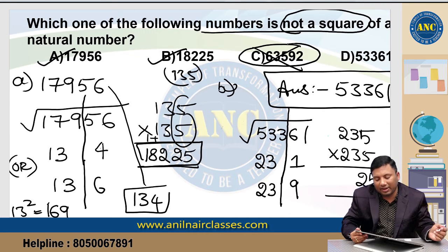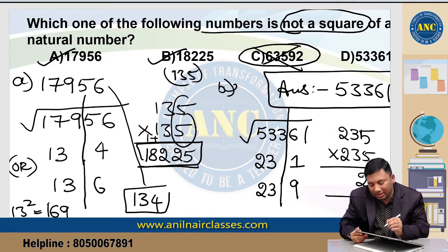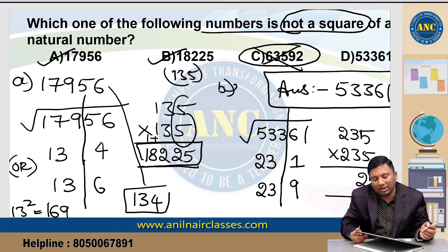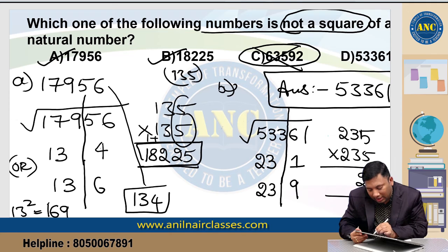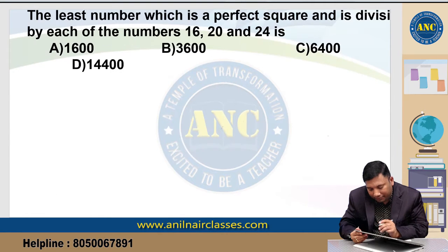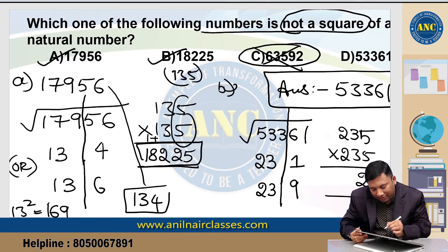We are unnecessarily wasting our time, anyway we are trying to prove that all three are perfect squares. So 23 into 24, 24 threes are 72, 48, 552. So 235 whole square is 552, but I want 533.